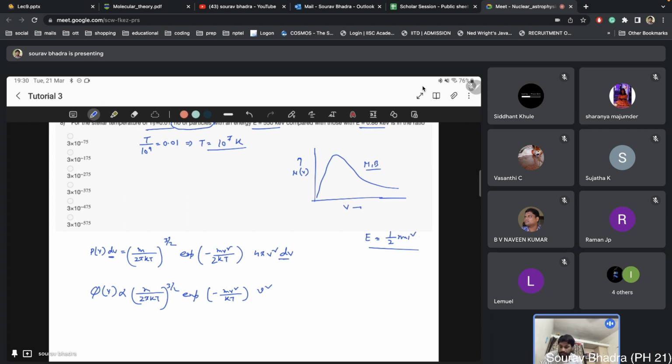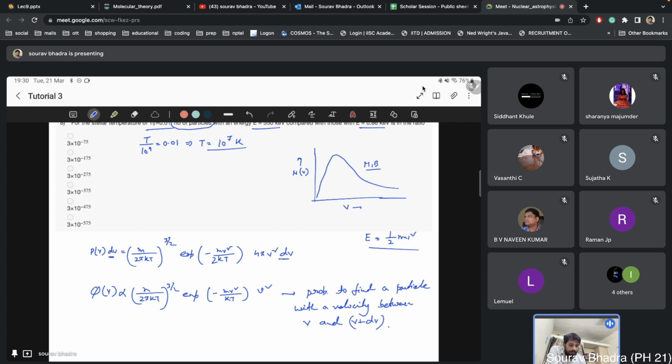So phi v tells you the probability to find a particle, I will write this line because it is important, with the velocity between v and v plus dv.